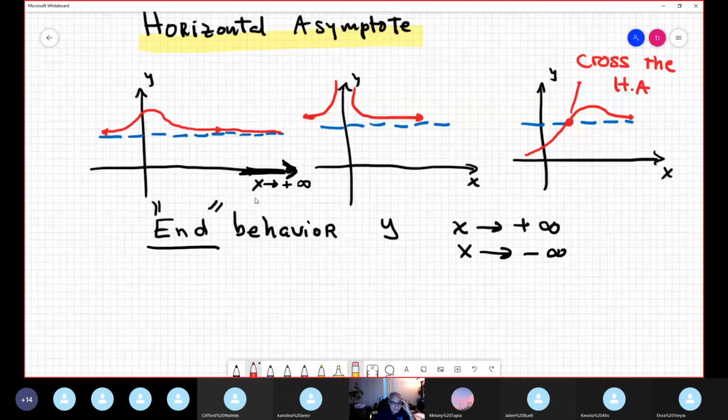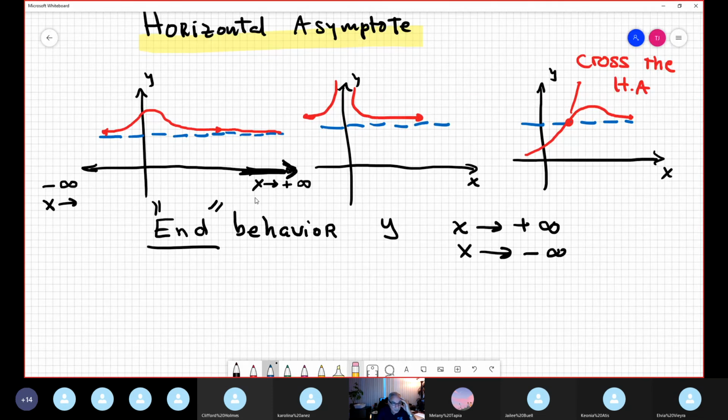And likewise, when the X approaches negative infinity in the opposite direction, the curve also approaches but never touches. Okay, in 99% of the cases it never touches. 100% like that, touch, cross. But don't worry about this right now.